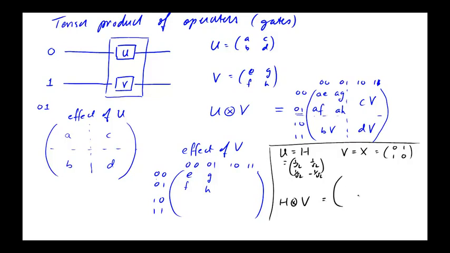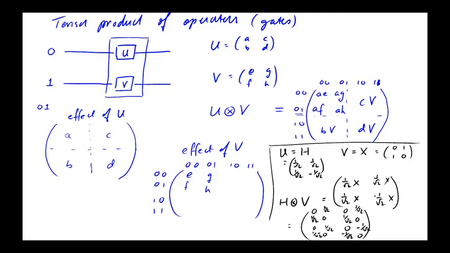Well, we'd get 1 over square root 2 X, 1 over square root 2 X, 1 over square root 2 X, minus 1 over square root 2 X. If you open this out, it's 0, 0, 1 over square root 2, 1 over square root 2, 0, 0, 1 over square root 2, 1 over square root 2, 0, 0, 1 over square root 2, 1 over square root 2, and 0, 0, minus 1 over square root 2, minus 1 over square root 2.